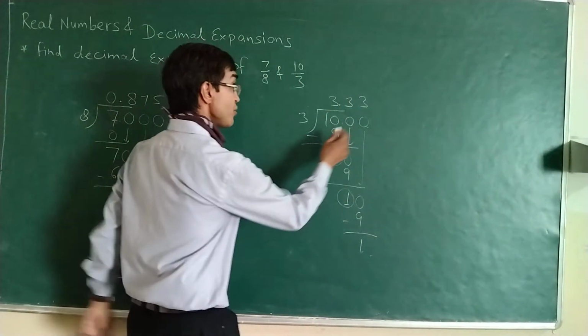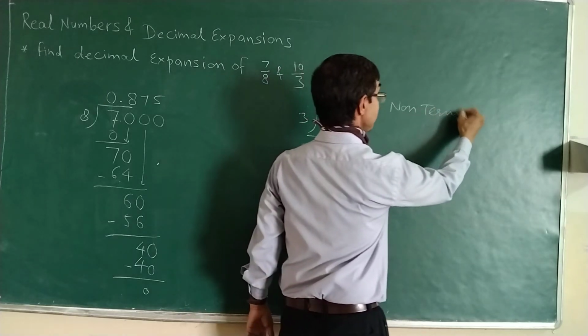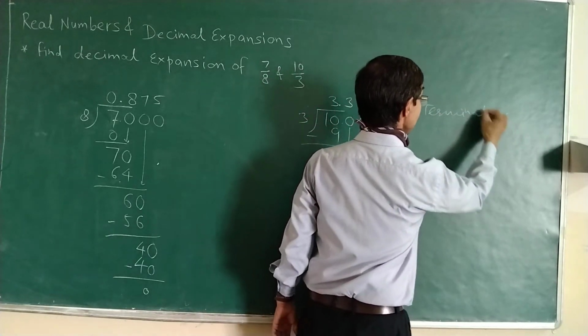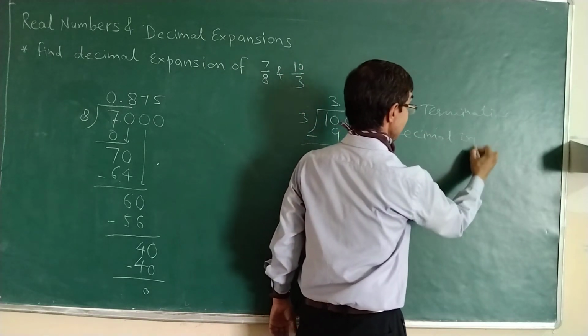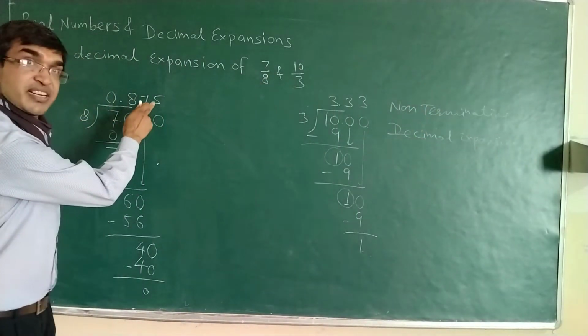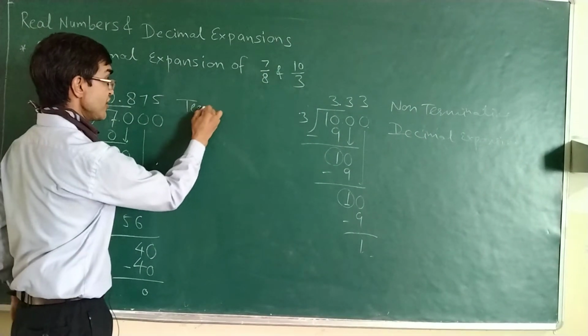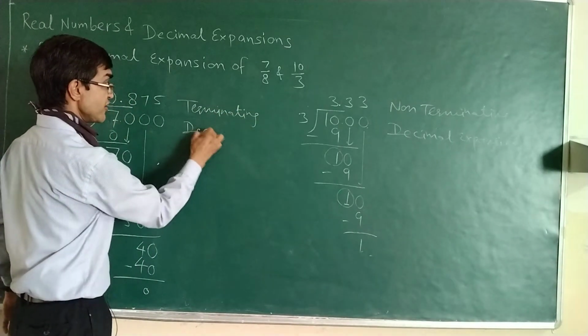So this is called a non-terminating decimal expansion, and this earlier one was a terminating decimal expansion.